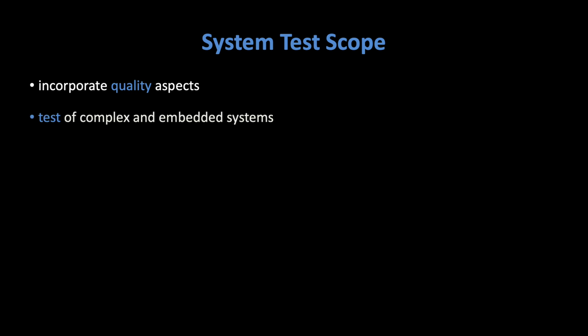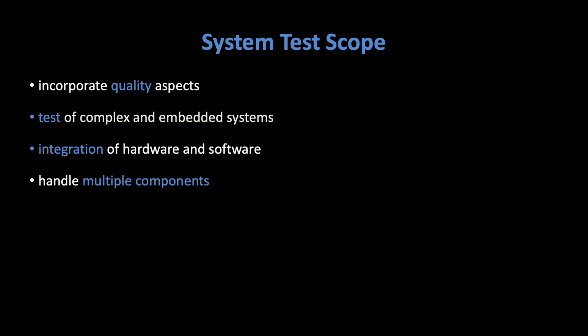What is the actual scope of testing those systems? So in this slide, there's an overview with a lot of bullet points for those activities, starting with incorporating quality knowledge as a basis. Then you have the actual test activities, where integration is a subset of them.